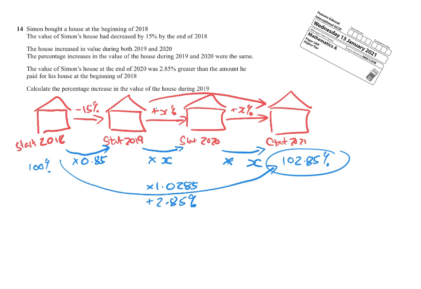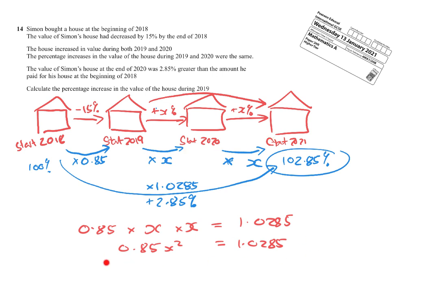So that's what I'm going to write down: 0.85 multiplied by X, multiplied by X. It's the same as just multiplying by 1.0285, or simply 0.85 X squared equals 1.0285, where X represents the decimal multiplier for each of these 2 years.